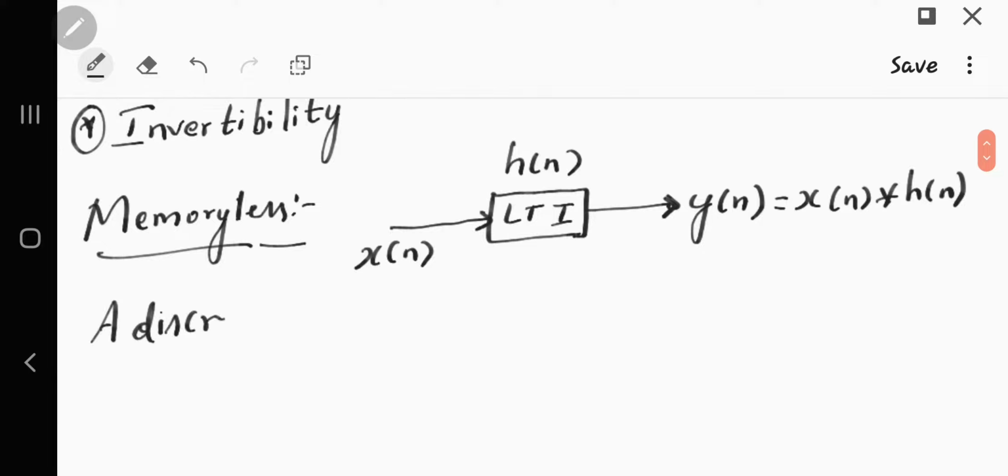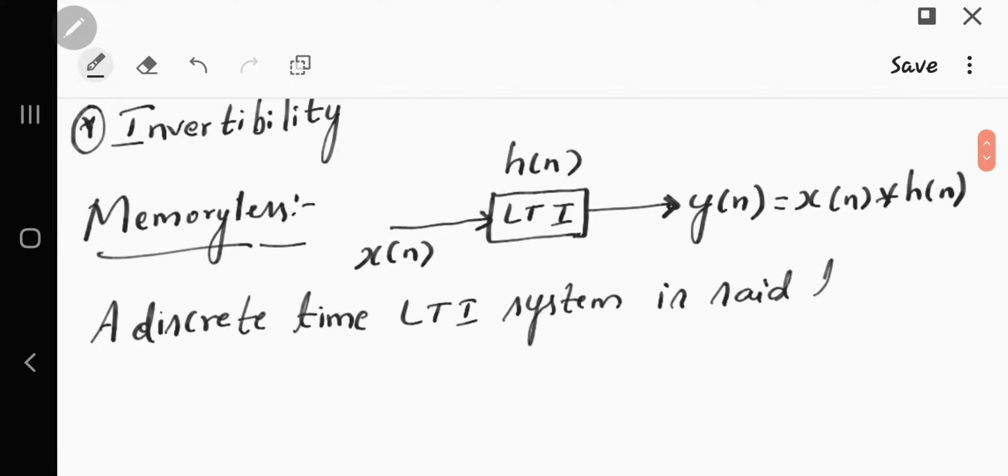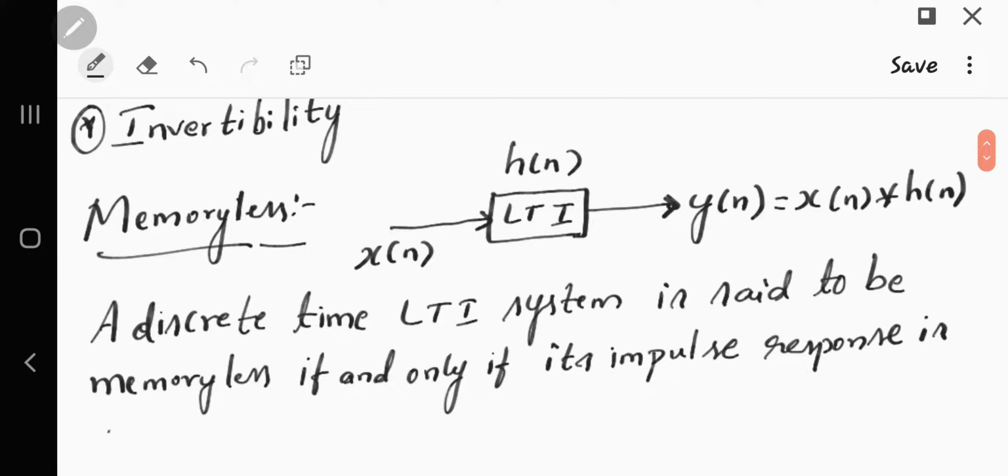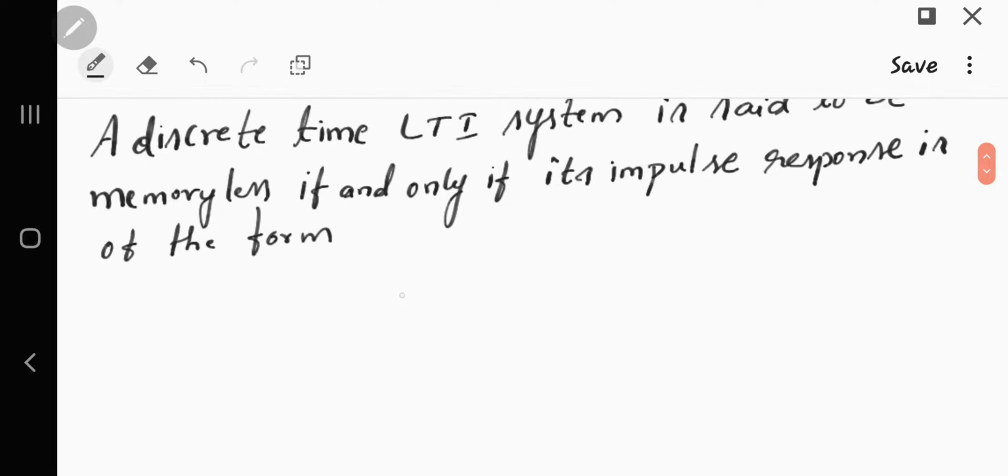A discrete time LTI system is said to be memoryless if and only if its impulse response is of the form h of n is equal to c into delta n.